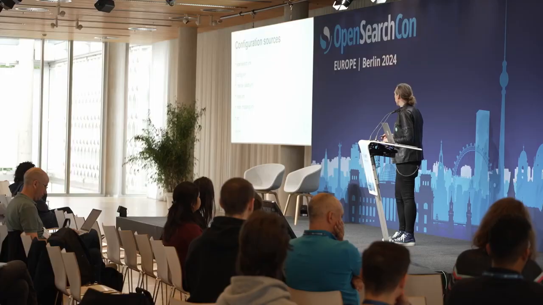These are a number of additional configuration files of the OpenSearch security plugin, which can be changed at runtime. But it depends on how you're setting up the cluster to know how you're able to change these configuration files.